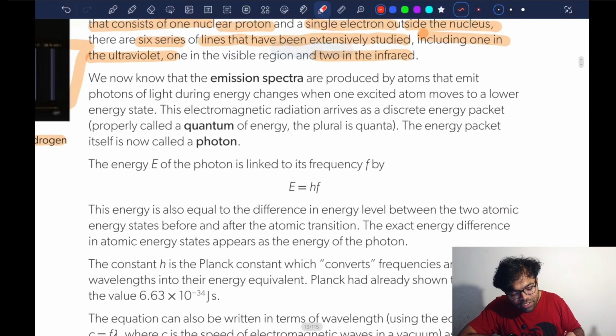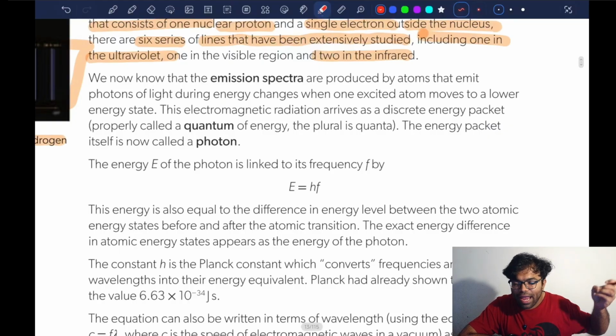Now we know that the emission spectra are produced by atoms that emit photons of light during energy changes. When one excited atom moves to a lower energy state, that is basically, an excited atom is not the right word, an excited electron is the right word. When an excited electron inside an atom goes to a lower energy state, it emits radiation in the form of energy.